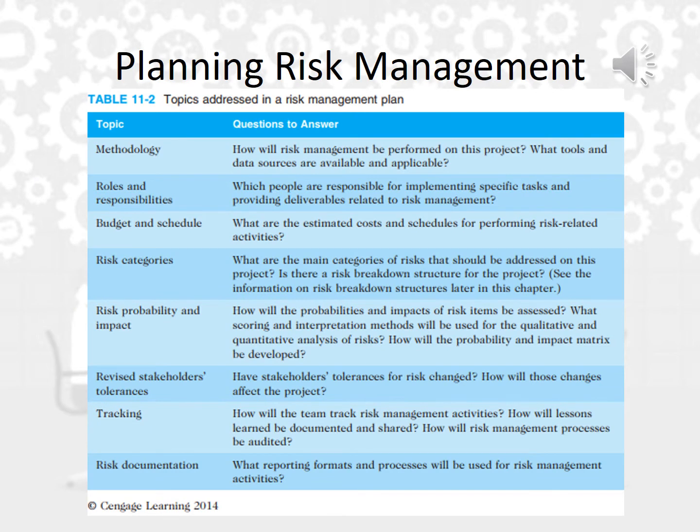Let's continue with the topics addressed in the risk management plan. As you can see here, we have 8 topics, and each one will be considered with related questions. In fact, this slide reminds me about a topic you studied in lecture 2, which is the three spheres of a system, if you remember it, where certain questions related to a certain sphere of the system.